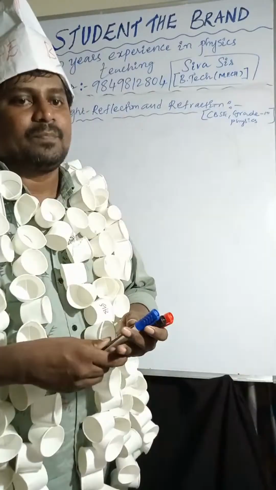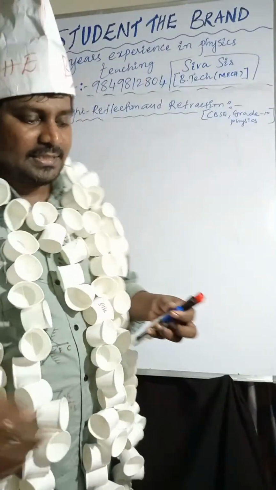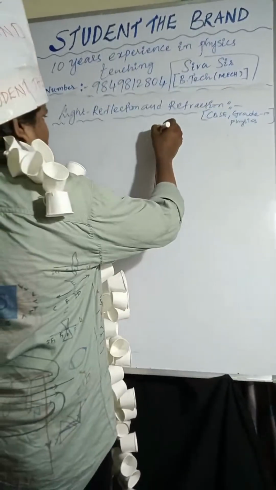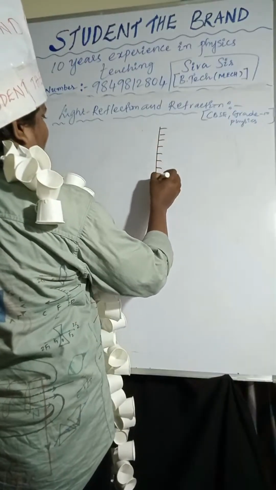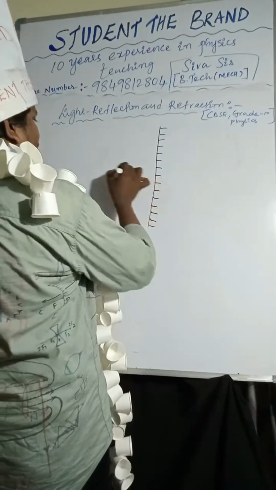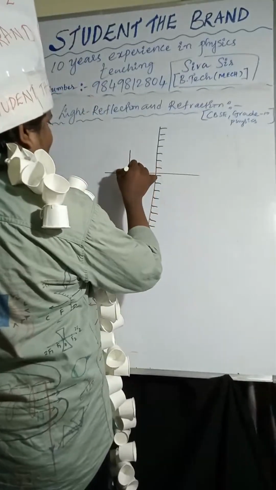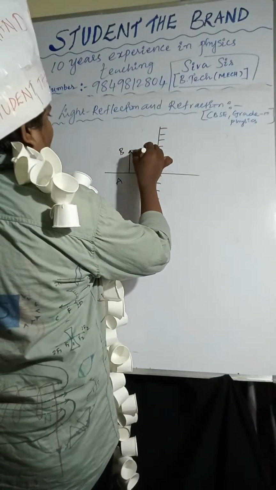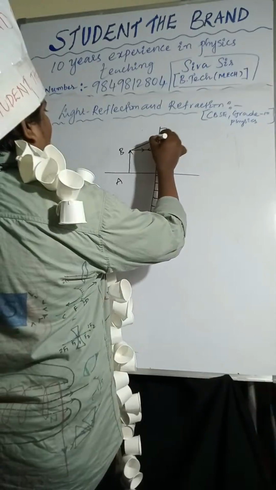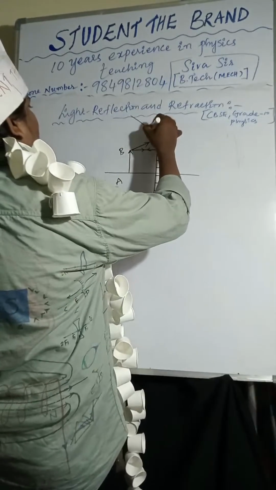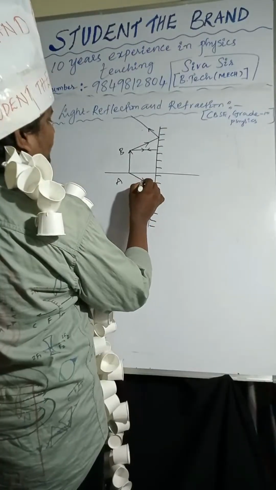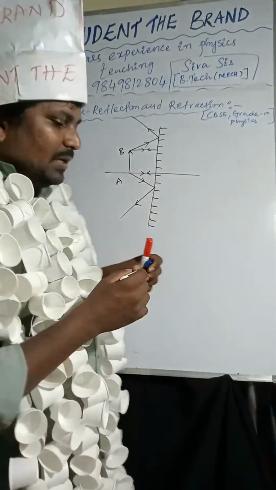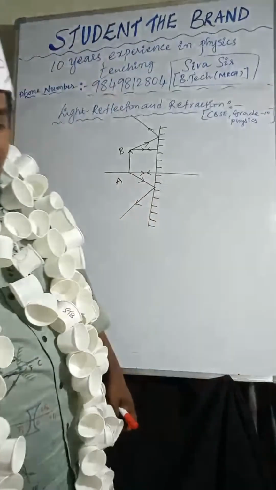I'm taking the plane mirror here. This is the object AB. A light ray is incident on it, so it will be reflected like this. One more light ray is incident on it, and it will be reflected. Whatever I am considering is a plane mirror.